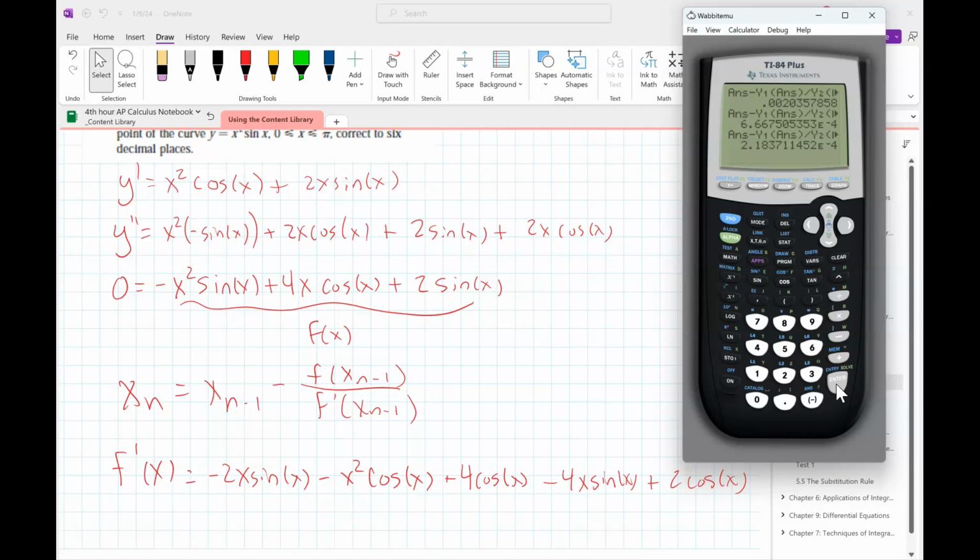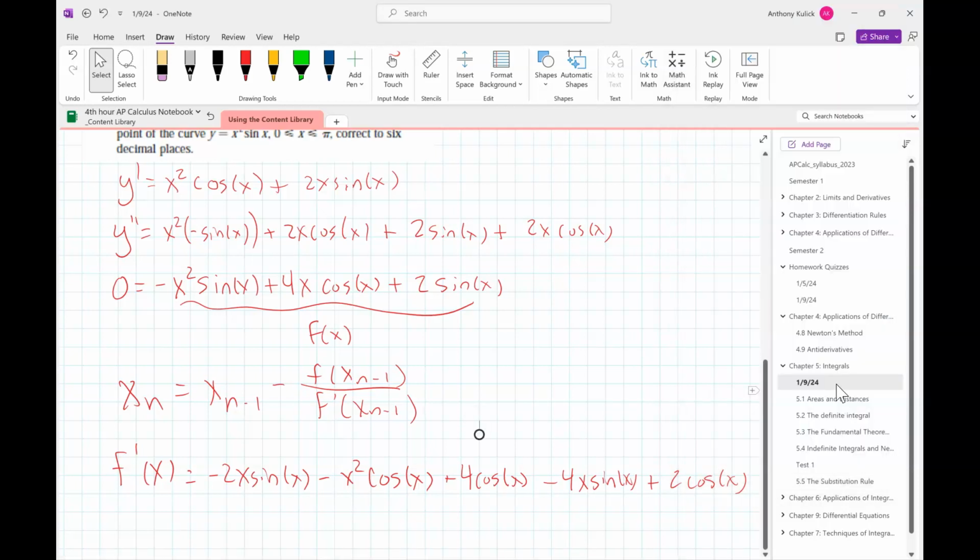This is 4.8, right, that we're looking at? Let's see. What did we do wrong? Probably a Mr. Kulak mistake. All right. So I have the correct thing. Okay.